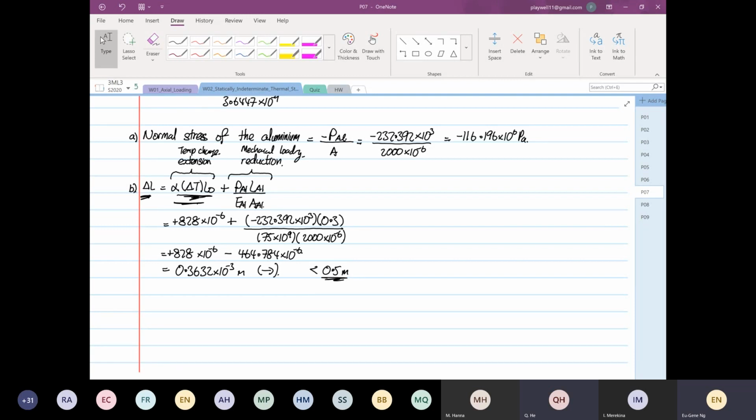Questions 2, 3, and 4 are not in the solutions, so you can't check. I cannot post them immediately. I need some time to work on it. The earliest I can post is probably Sunday. Is that fine? Yeah, that's good.